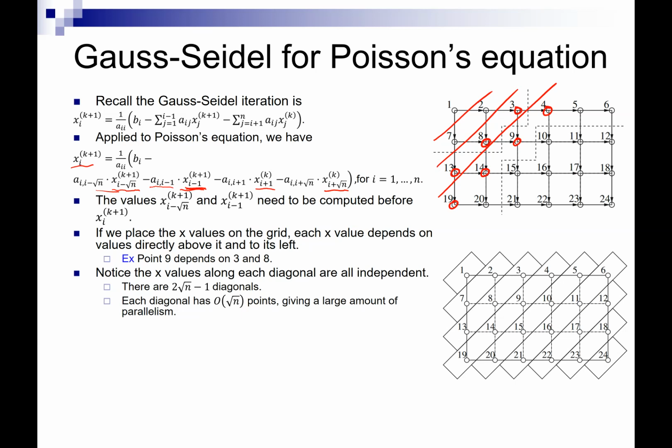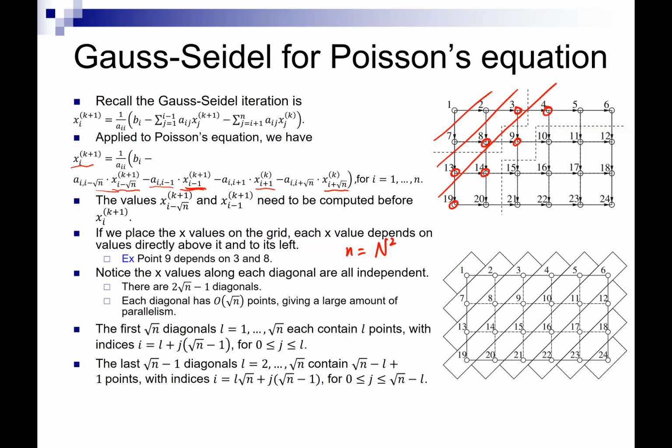Remember that n here is actually equal to big N squared. Each diagonal has at most root n points, and we can parallelize across all of the points on a diagonal, so we can get a pretty large parallelism on many of the diagonals.